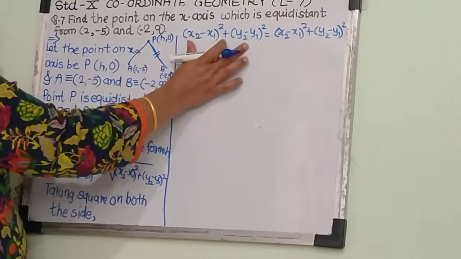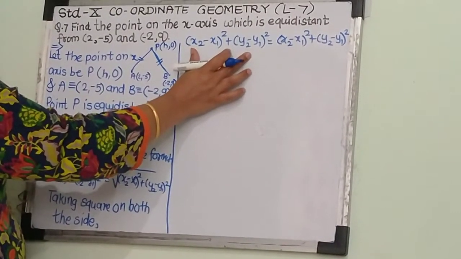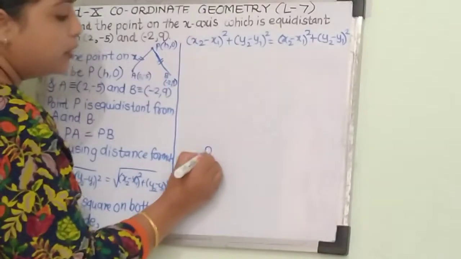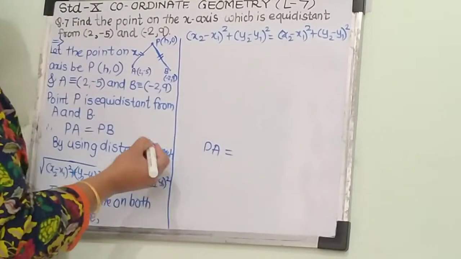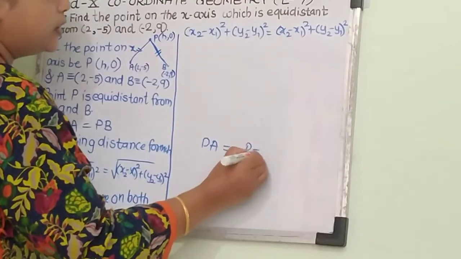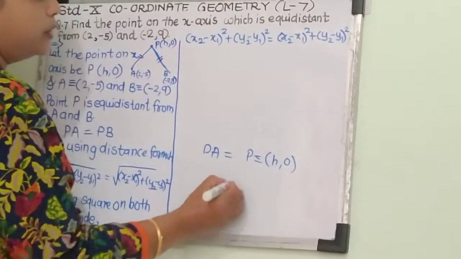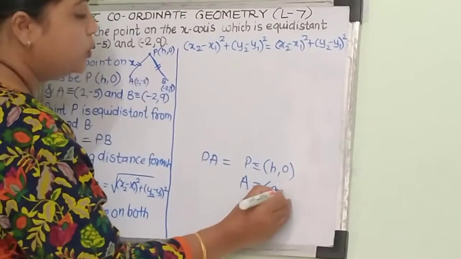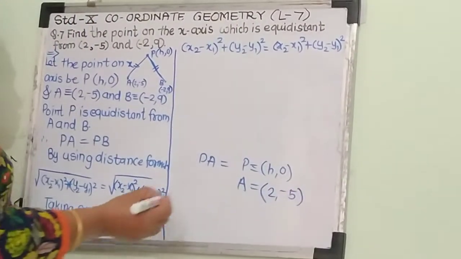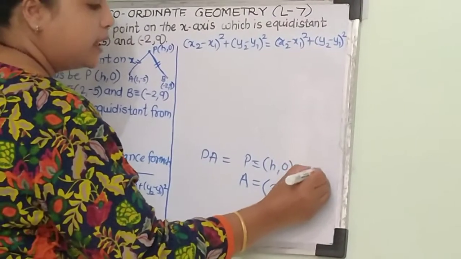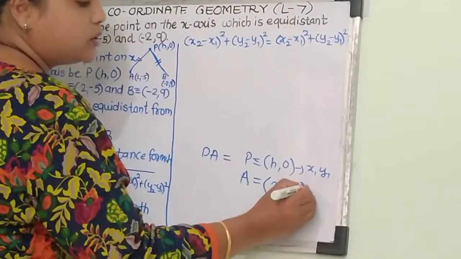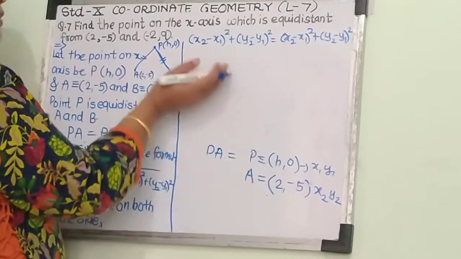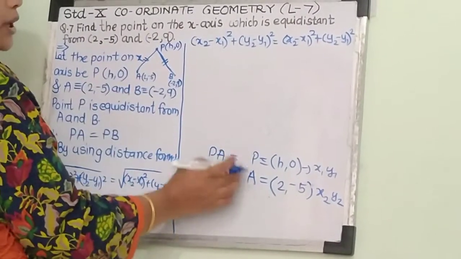Now this x1 y1 are of P and A. So for PA, P's coordinates we know h comma 0 and A's coordinates we are given here 2 comma minus 5. So P's coordinates are x1 y1 and A's coordinates are x2 y2. So substitute this value in this for PA.